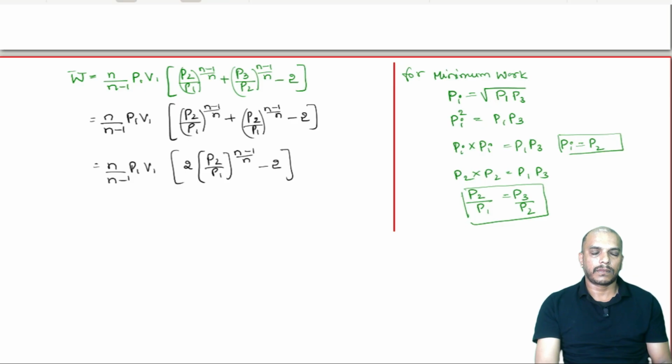Now, we can take 2 common out here. So, 2 n by n minus 1 P1 V1, now this is P2 by P1 whole power n minus 1 by n, minus 1. So, this will be our minimum work for 2 stages.